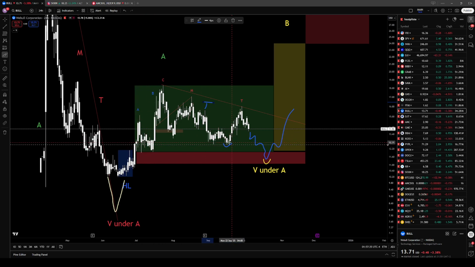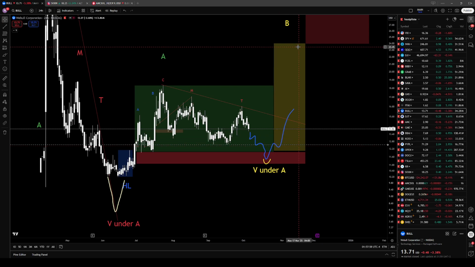Because now I want to be bullish. We are going. Well, we didn't. In my opinion, we still need our V under A in the small tracking. So I still think we need anything under 1190. This would be your bottom. After that, higher low, and then you go.